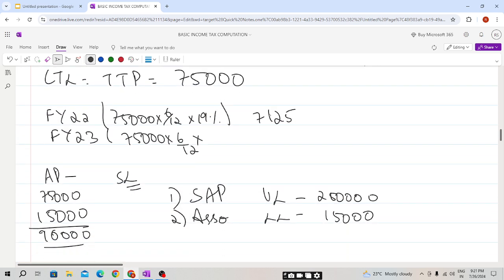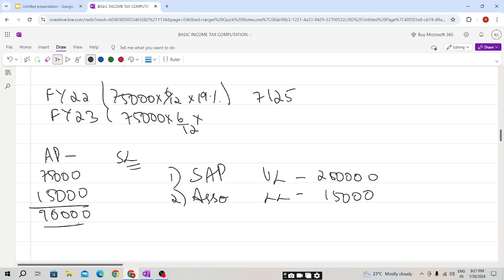So students, now our augmented profit is 90,000, and the upper and lower limits are 250,000 and 50,000. This is within the upper limit and lower limit, so it will be taxed at the main rate plus marginal relief will be available.